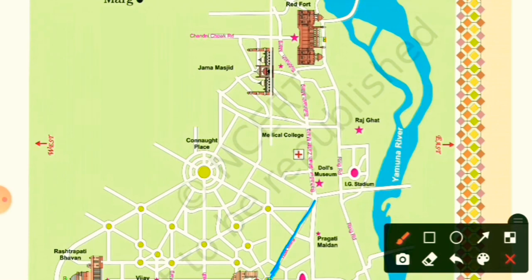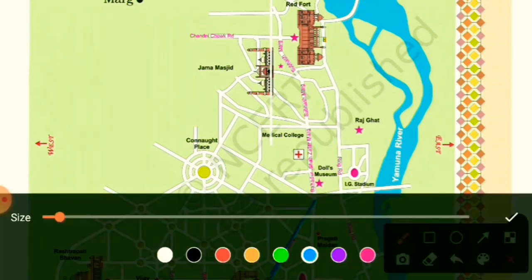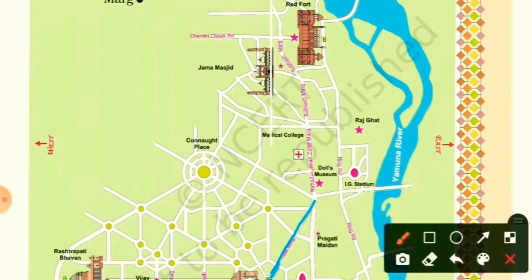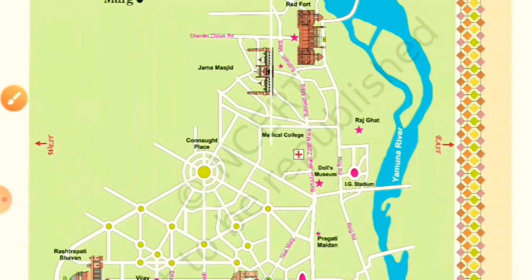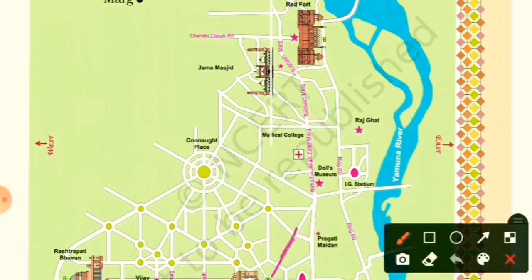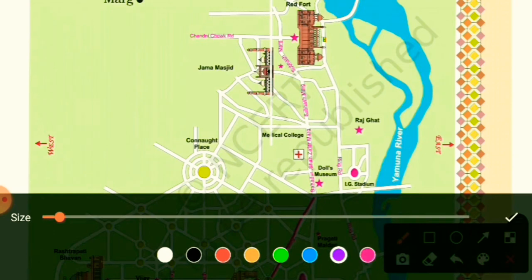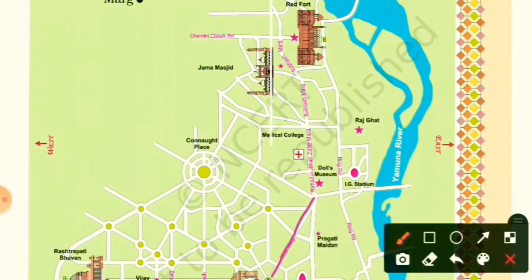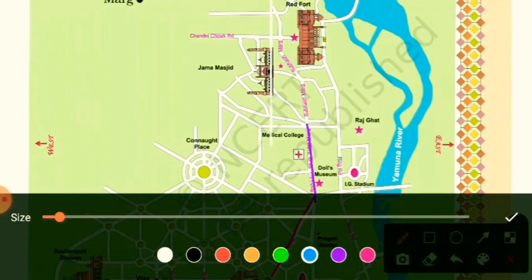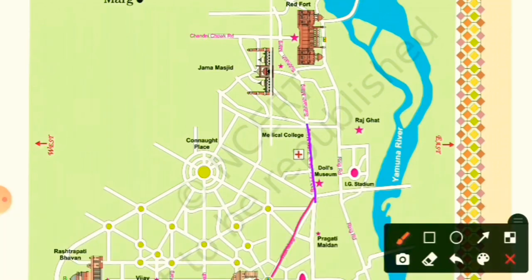This is Tilak Marg. Now let me change the color for another road. Bahadur Shah Zafar Marg is from here. Then Subhas Marg, it is not from here. This is Tilak Marg. The second is Bahadur Shah Zafar Marg, and the third is Subhas Marg.